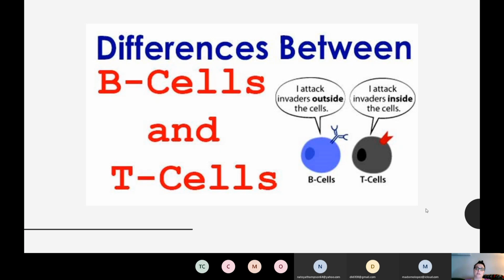Some of them stay B cells, B for bone, T for thymus. Keeping it really simple, our B cells attack outside of other cells, while the T cell goes inside and fights inside the cell.